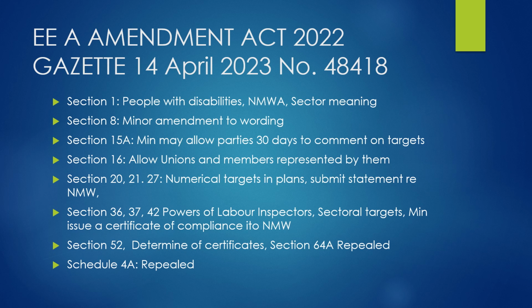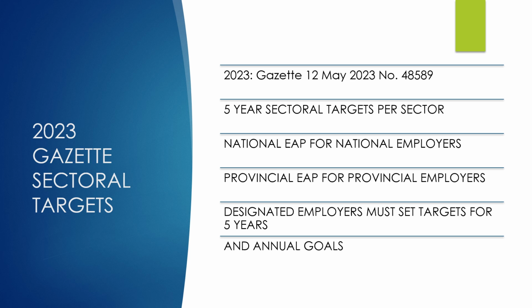So, Section 52, determining of the certificate that is being issued by the Department or the CCMA in terms of the compliance to the employment equity legislation, as well as how everything is being repealed, and Schedule 4A of the Employment Equity Act. Right, so those are the aspects that the new legislation will basically deal with.